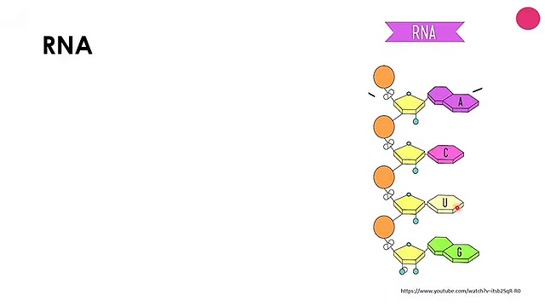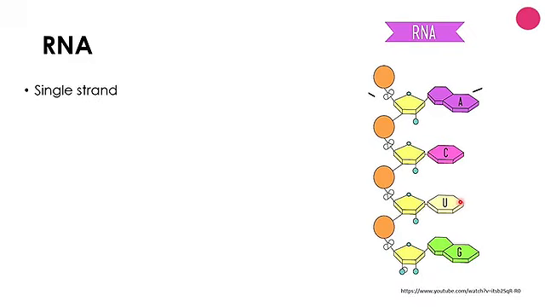So hopefully you can figure out that this nitrogenous base over there is a bit different to the nitrogenous base found in DNA. So that nitrogenous base is called uracil, and uracil is exclusively found in RNA. Uracil technically just replaces thymine, which is found in DNA.